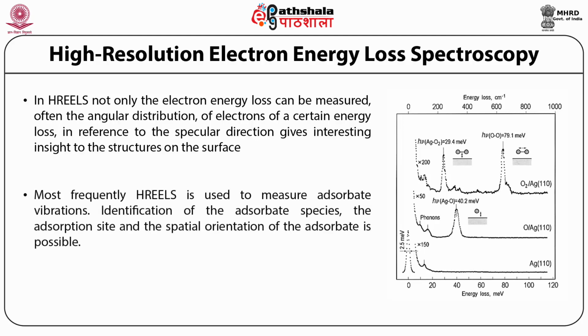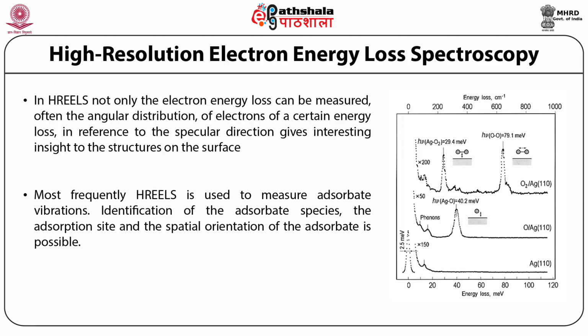Most frequently, HREELS is used to measure adsorbate vibrations. Identification of the adsorbate species, the adsorption site, and the spatial orientation of the adsorbate is possible when we analyze the thin film on the surface of any metal in question.